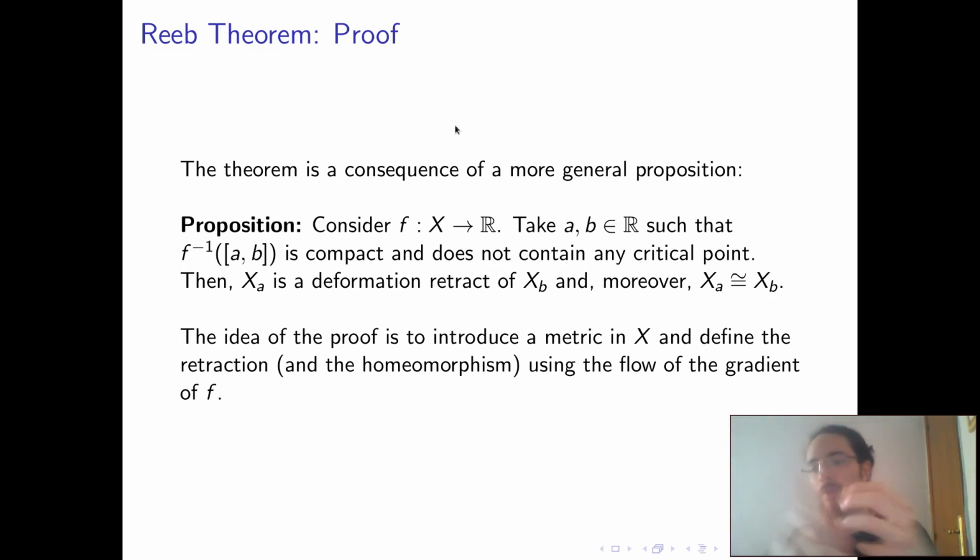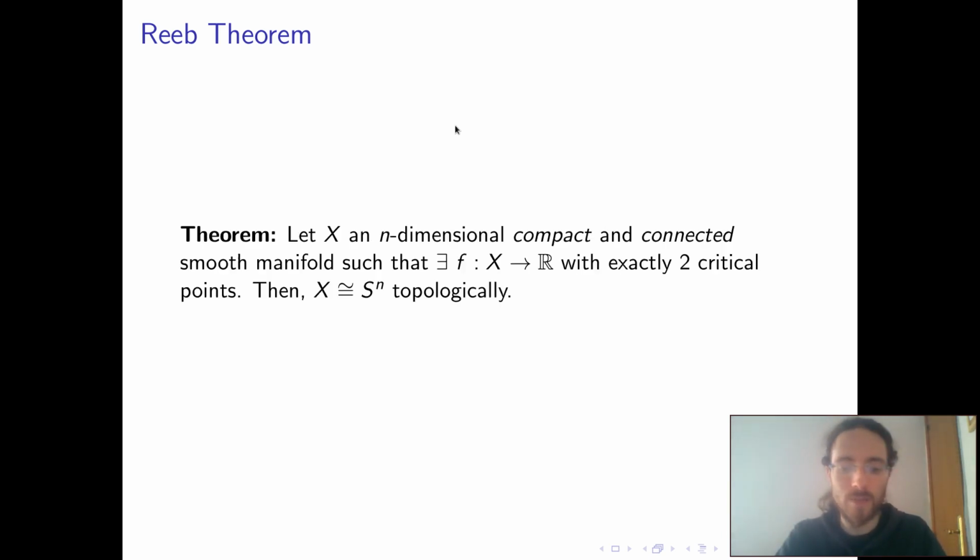Then you just need to prove that they fit nicely, and then you have a sphere of the dimension of the manifold, as stated here in the proposition.